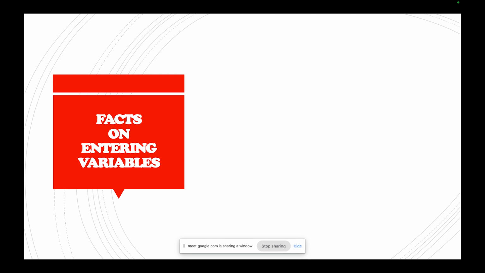Moving further, there are some basic facts that I think are important for us to note as we go on with this course. When we enter data in SPSS, there are some rules that SPSS obeys that I'm thinking are important for us to know. One of them is that your variable name must not be more than 64 characters.